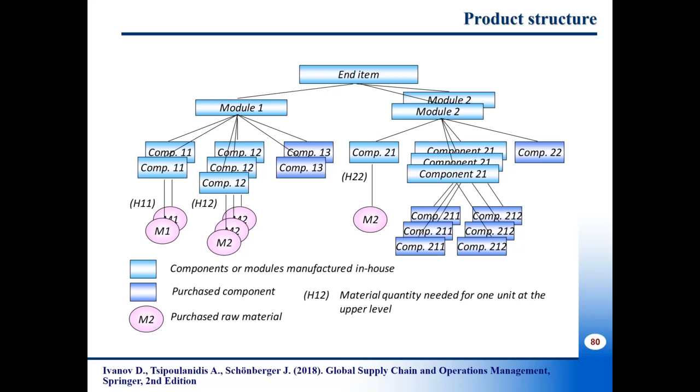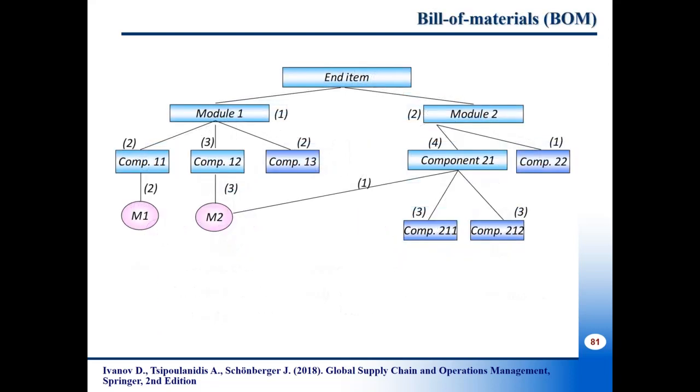Looking at the previous product structure tree, it is inefficient to be used in production planning and control. Therefore, this slide shows a bill of materials that simplifies the description and is therefore easier to read. In this figure, one end item needs one module 1 and 2 module 2.